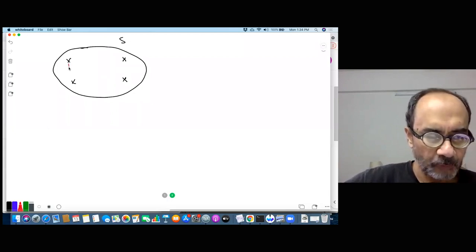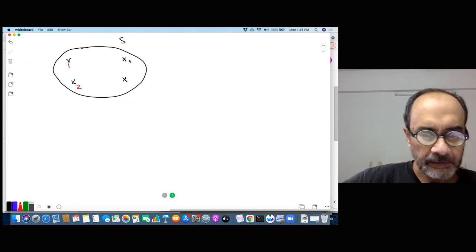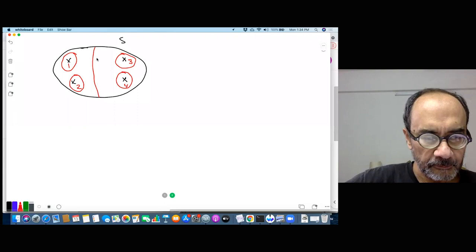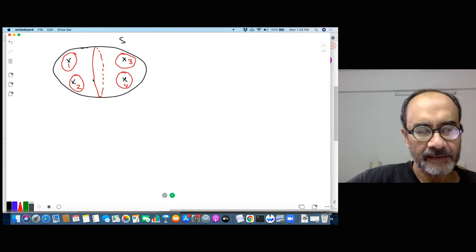Let me first mark them 1, 2, 3, 4. So we draw some circles around these. So these are disks. And one more. So that each piece is a sphere with 3 holes.